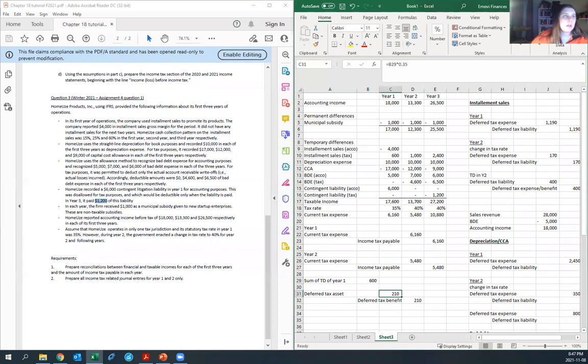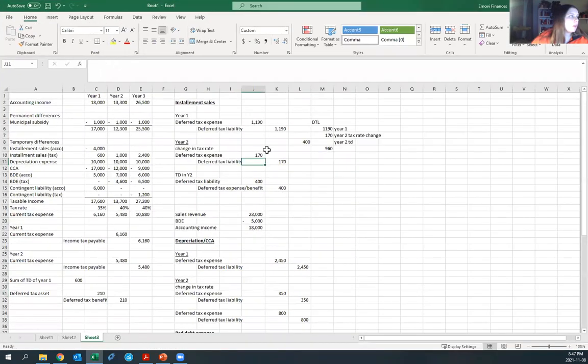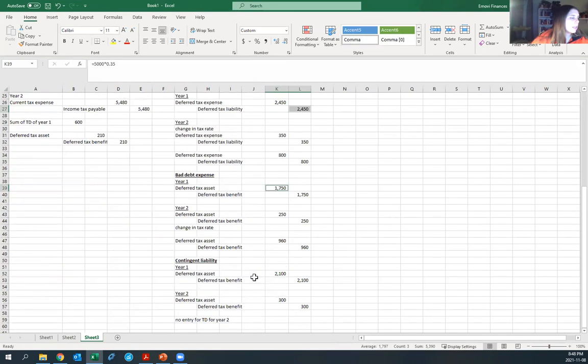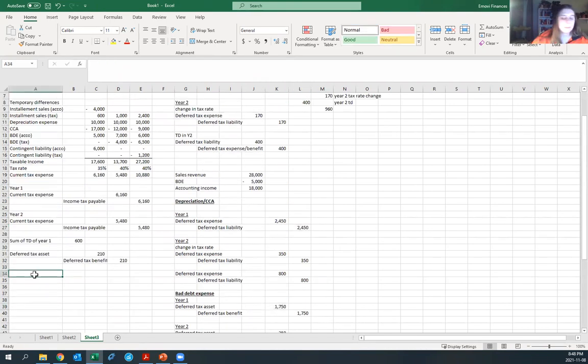So this amount is equal to this plus this plus this plus this. So here, I have my year 1 deferred tax assets and my deferred tax liabilities that I recorded.